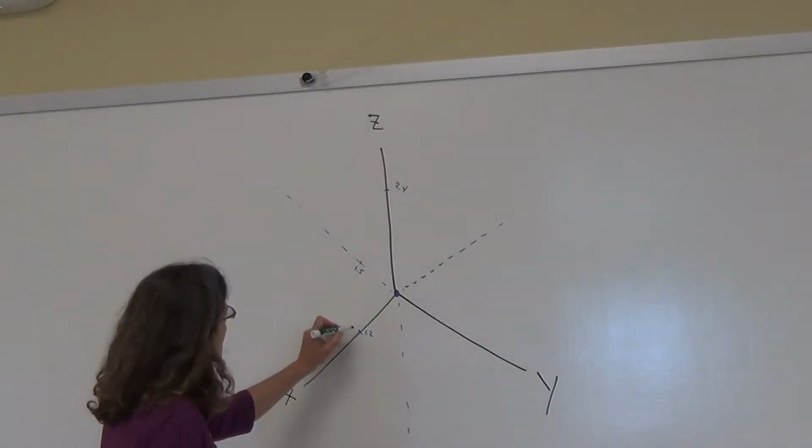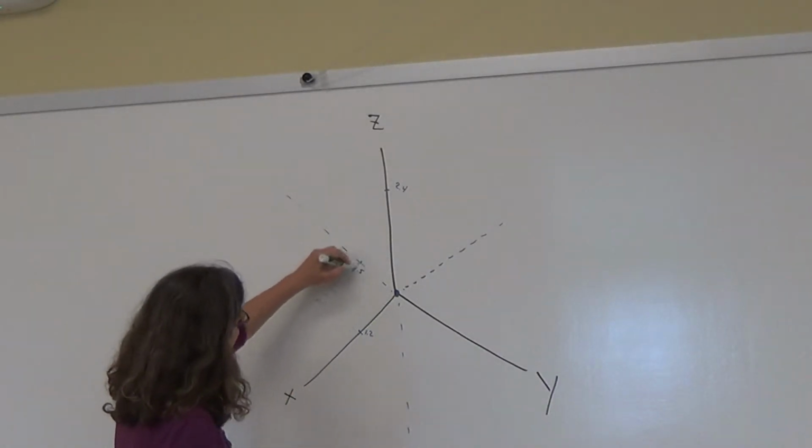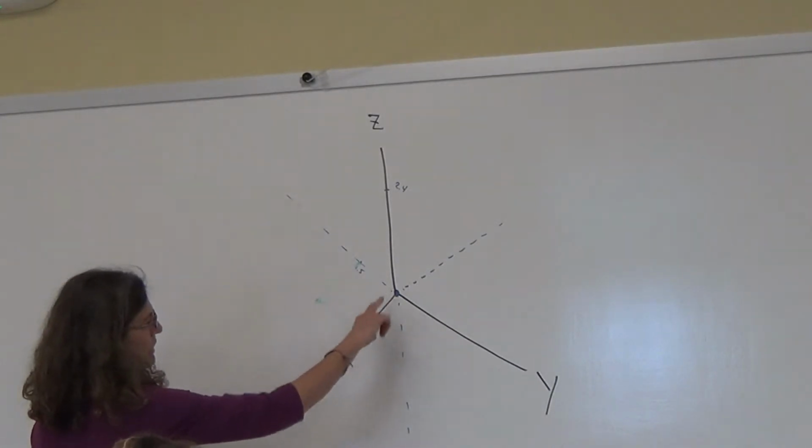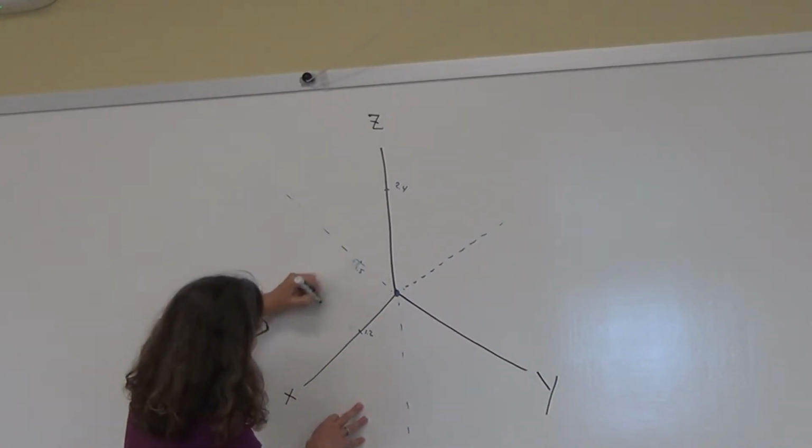So we're going to draw a box. Here's my box. This line is parallel to the X, I'm going to do it light, and it's 1.2.